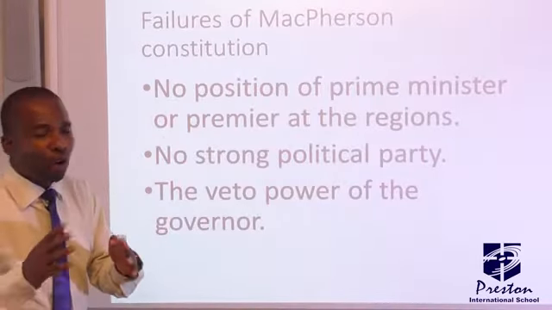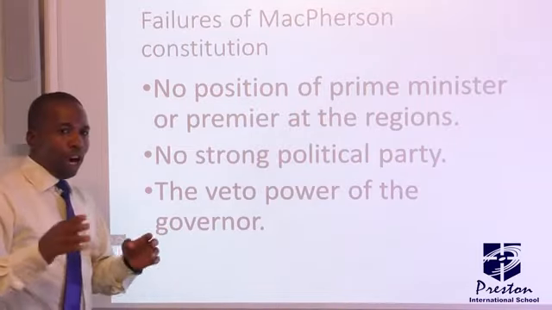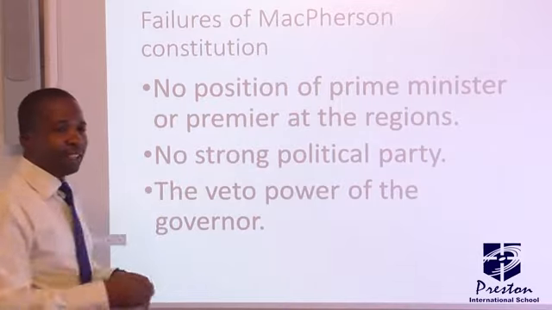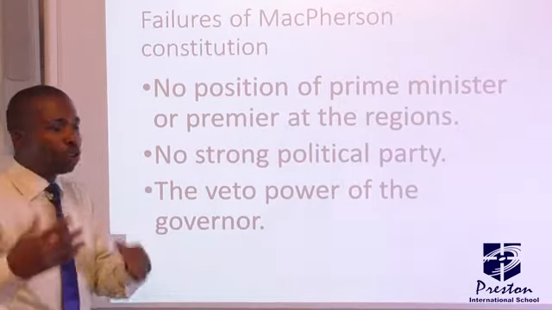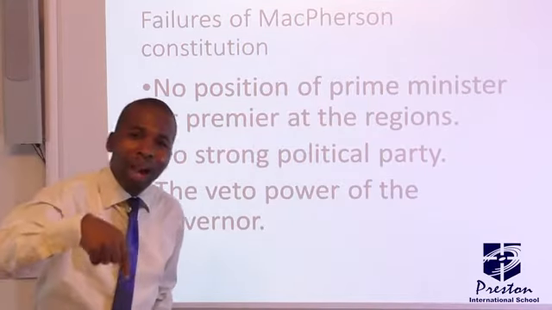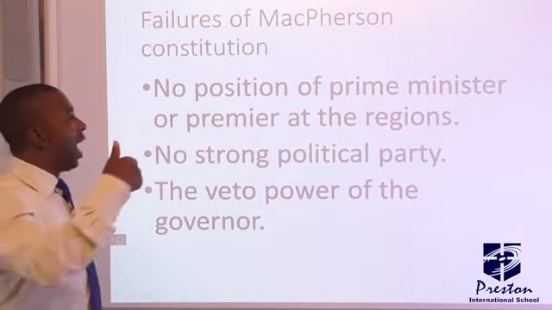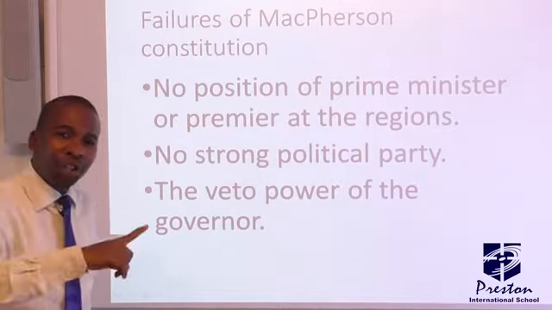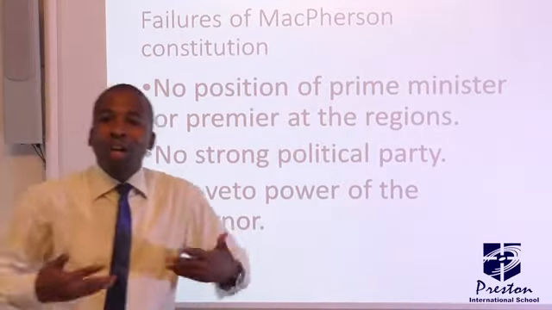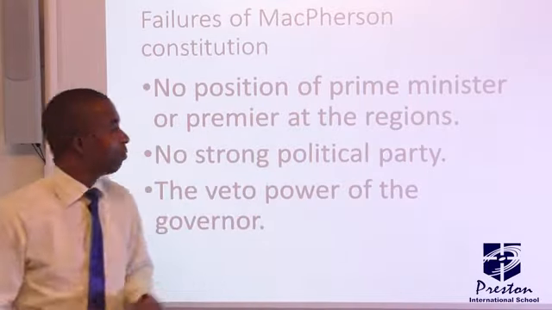The failure of the Constitution. The reason why I will be talking about the failure of the Constitution here is that these are obvious failures. Number one, the Constitution did not make provision for a Prime Minister or Premier at the central and regional levels respectively. That means there was nobody to carry out the business of the government.